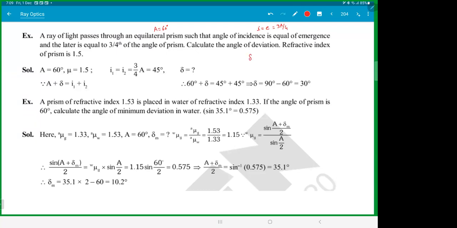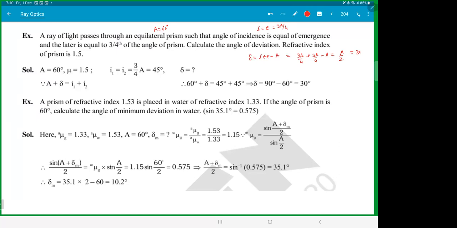I plus E minus A. I is 3A/4. E is 3A/4. Minus A, so A/2. How much was A? 60. So 30. What else is needed? That was all we had to do. The question is done.